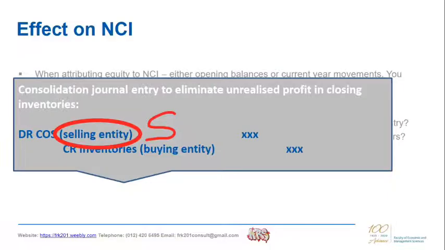If the subsidiary was the selling entity, you would change the subsidiary's gross profit for purposes of changing the group's profit. So when you take the TB profit of S, you would first have to adjust it for this journal entry if S made a profit from selling to P before calculating profit attributable to NCI.